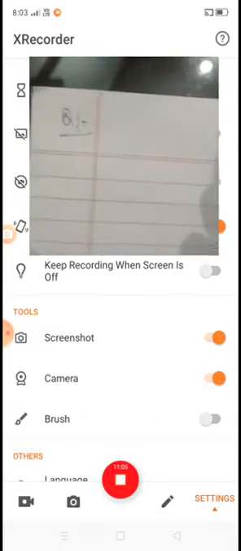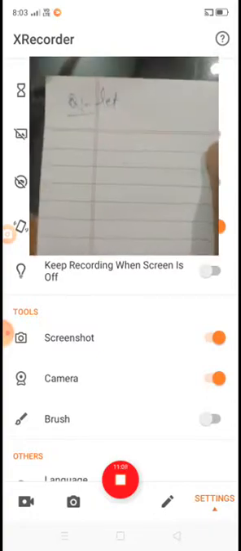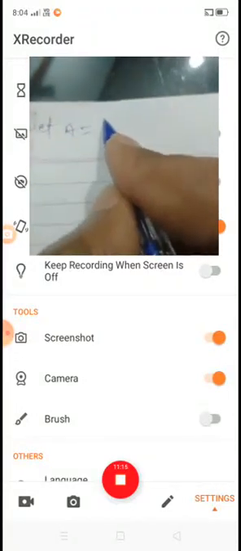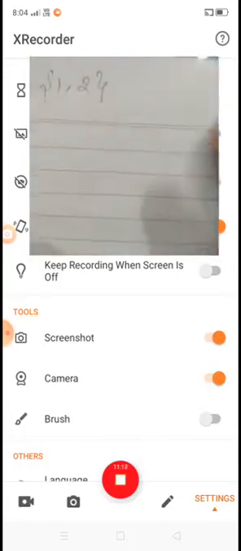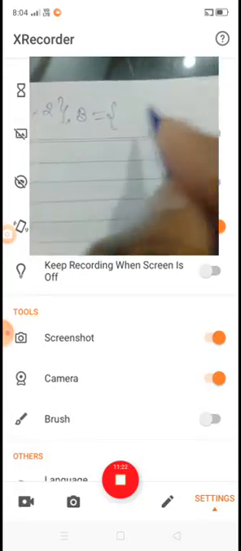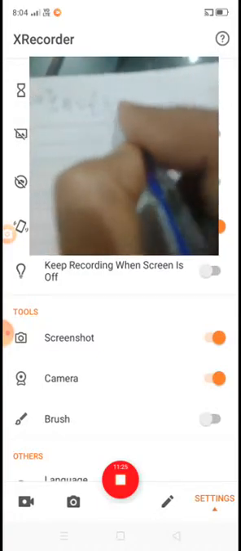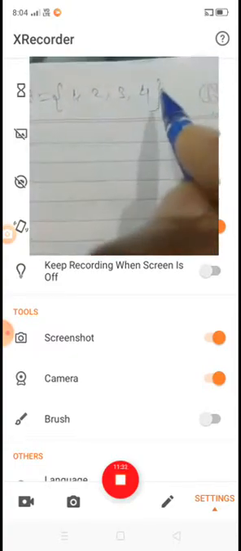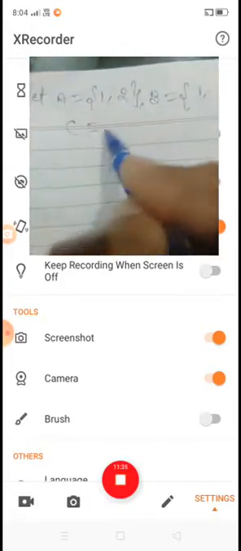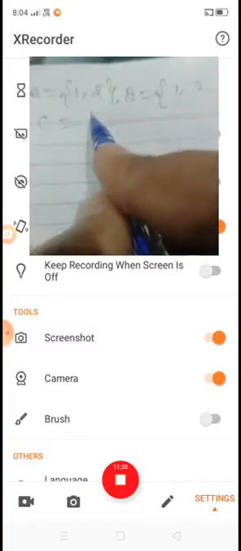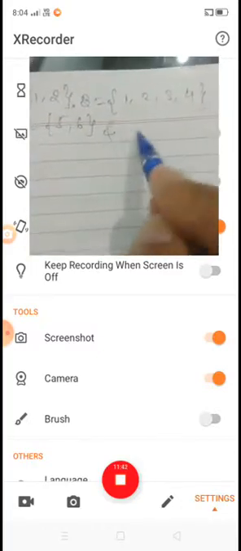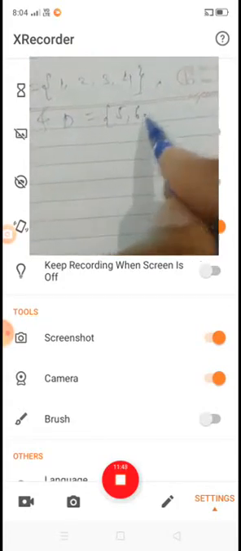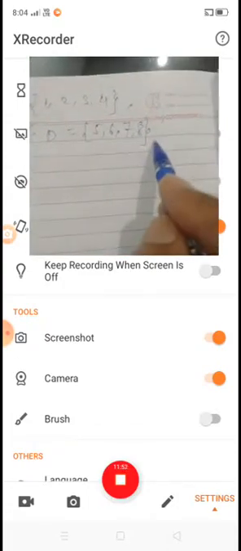Your question is: let set A be equal to {1, 2}, set B equal to {1, 2, 3, 4}, third set C equal to {5, 6}, and finally set D equal to {5, 6, 7, 8}.